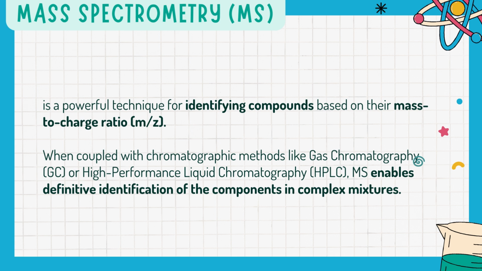For MS, it is based on the m/z, or the mass to charge ratio. Whenever MS is coupled with methods like GC, it becomes GC-MS, or HPLC-MS. This allows definitive identification of the components in complex mixtures. That is why this instrumentation is largely used in forensic analysis.